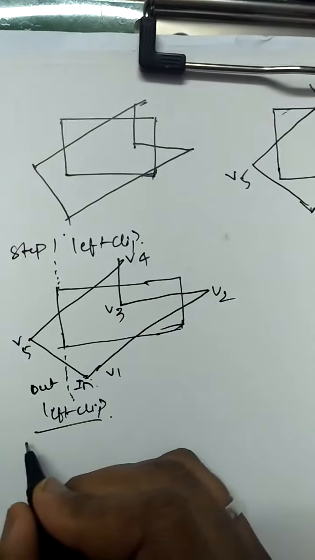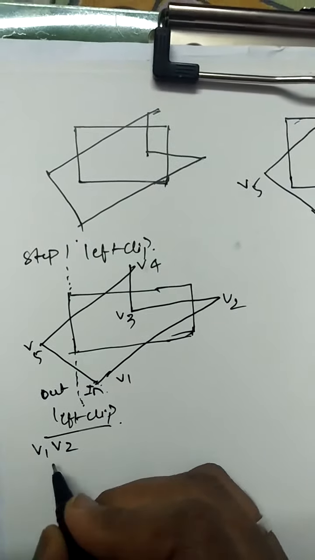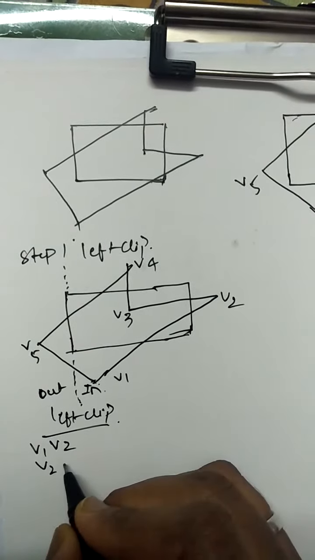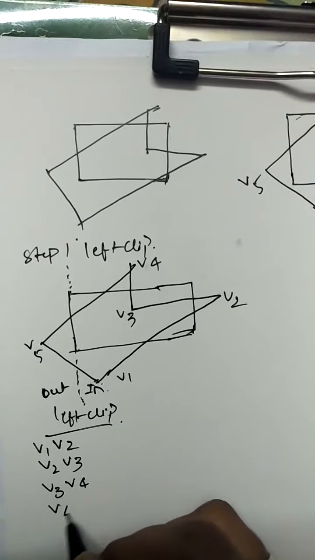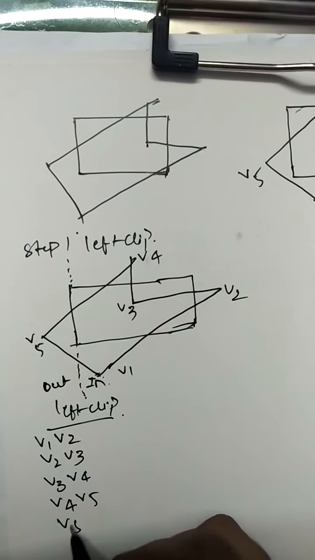Consider all the edges now: V1 V2, V2 V3, V3 V4, V4 V5, and V5 V1.